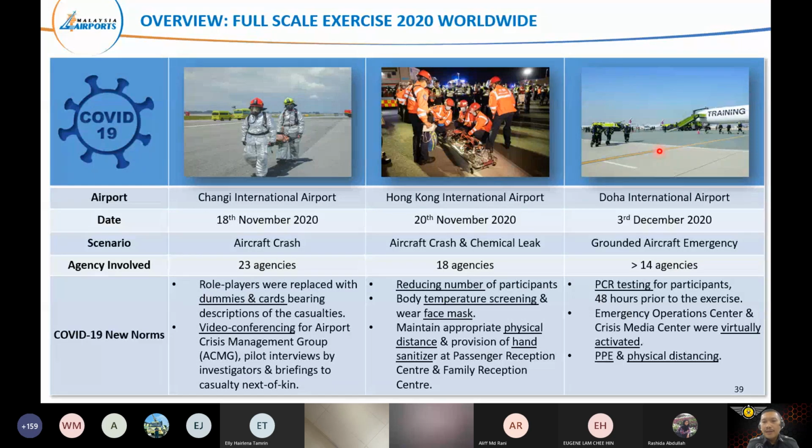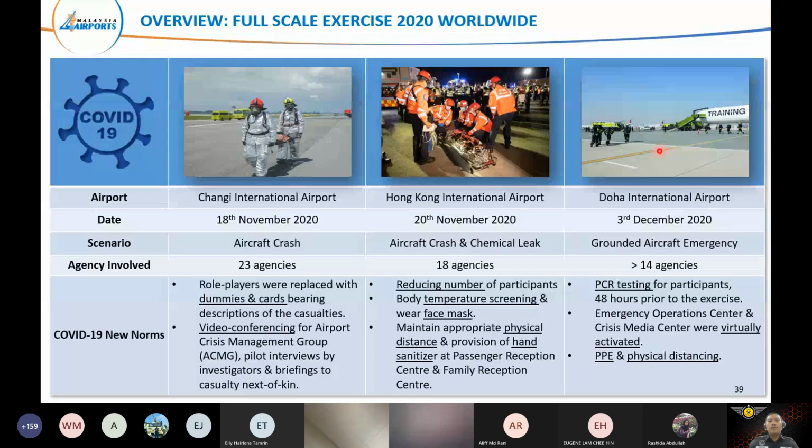Marvelous. But the emergency operation center and crisis media center were activated virtually, not physically. I mean, they did not attend the EOC and media center physically, but they did virtually, and also enforced the usage of PPE and physical distancing.